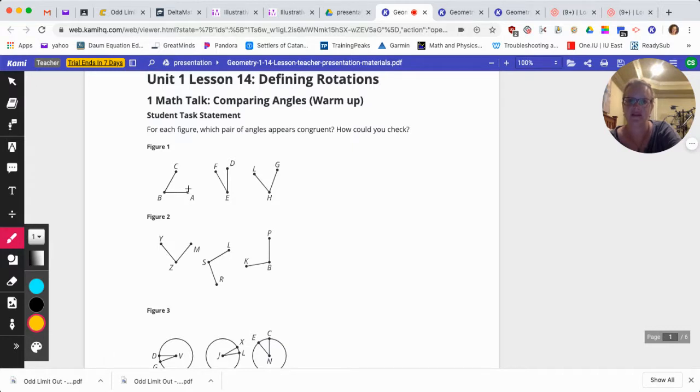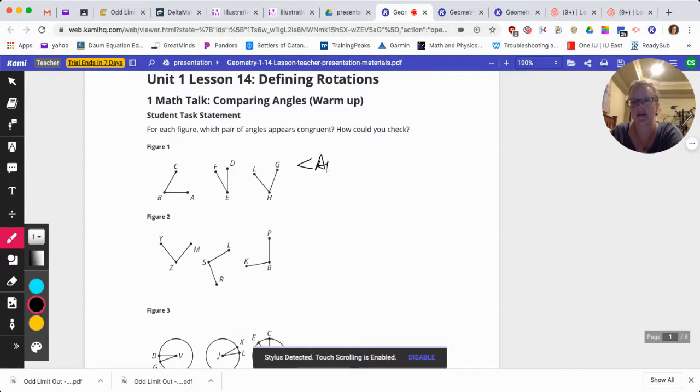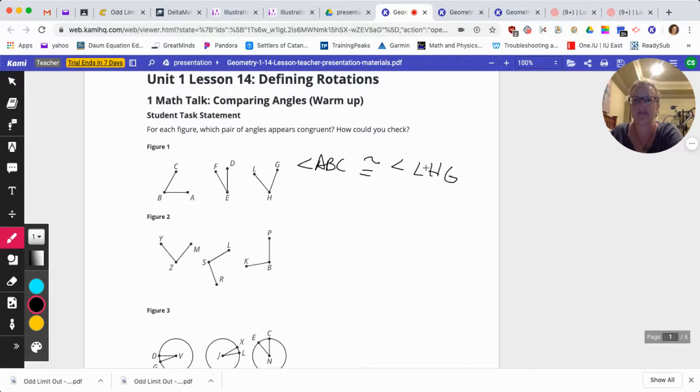How would you check? So if I see these three sets of angles, it looks like angle ABC, which I could also say angle CBA, is congruent to LHG or GHL. And how I would write that? I could say angle ABC is congruent to angle LHG.